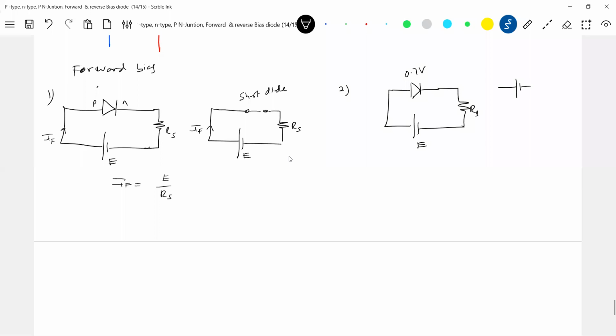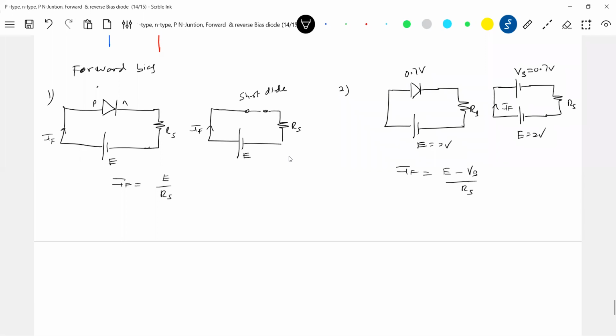This is the barrier potential. Say 2 volt I applied. Then the expression for forward current is IF equals E minus VB by RS. This is the second approximation.